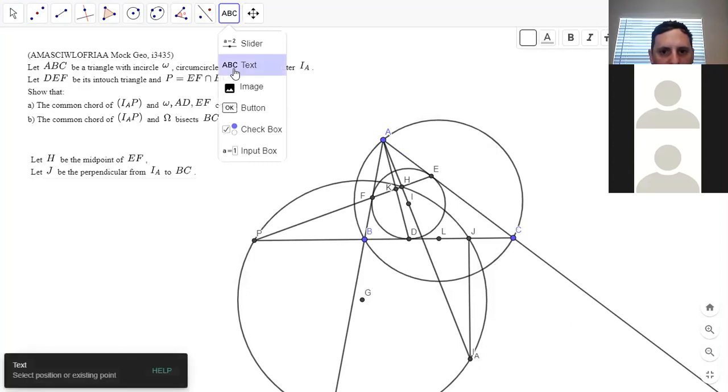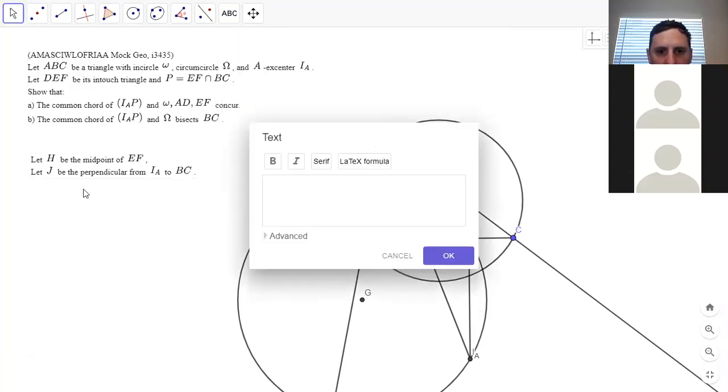So angle IAJP equals 90. That means J lies on the circle with diameter IAP.